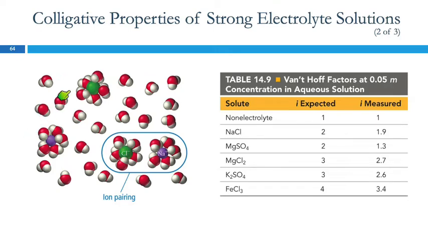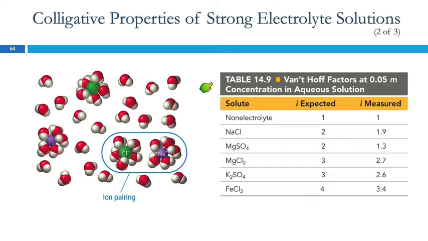Here we've got sodium ions and chloride ions, and they're surrounded by water molecules, that ion-dipole force, and they're moving around. But even though they're coated in water molecules, they still kind of see each other and kind of like each other. And so you do get some of these ions hanging around together. Then they're acting as one particle instead of two.